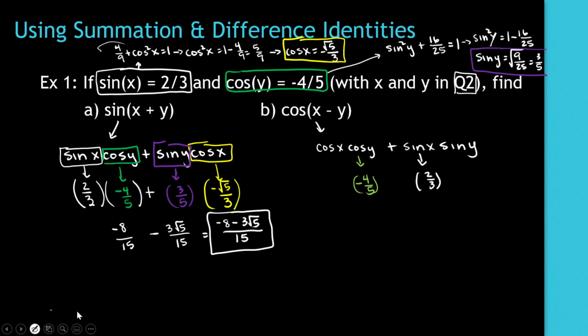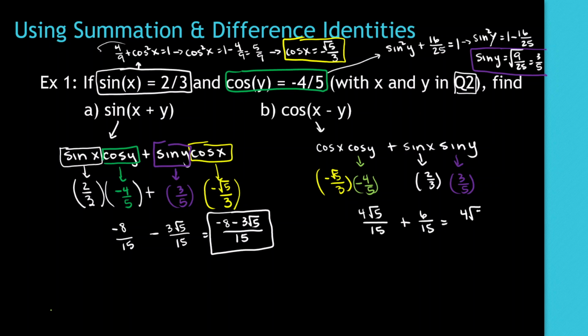And then we have, let's see, sine of y over here in the purple is 3/5. And then finally in our yellow, we have cosine of x as -√5/3. And then we can simplify that by doing the multiplication. So I'll have 4√5/15 plus 6/15. And so we can write that as a single fraction. And there's my answer to that one.